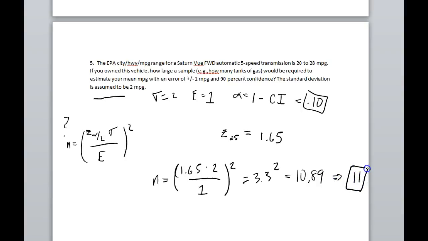N equals 11, right? This could be 10.001, and you still are going to round up to 11, okay? Though I guess in that case you could make a case for 10 because you're not really losing much accuracy. But say it was 10.4, you're definitely rounding up to 11 in that scenario. Okay.